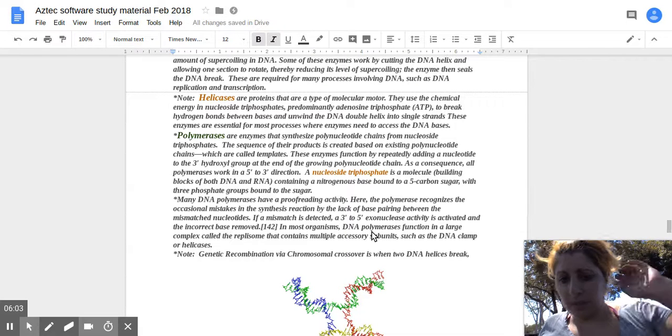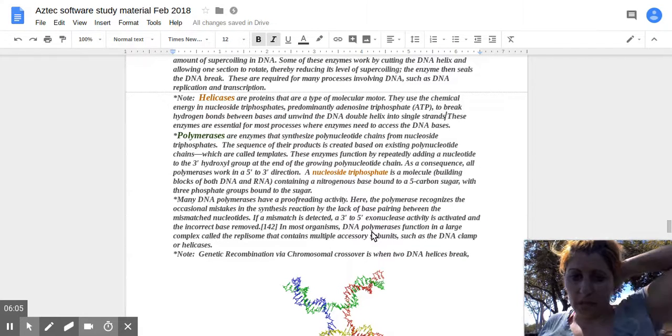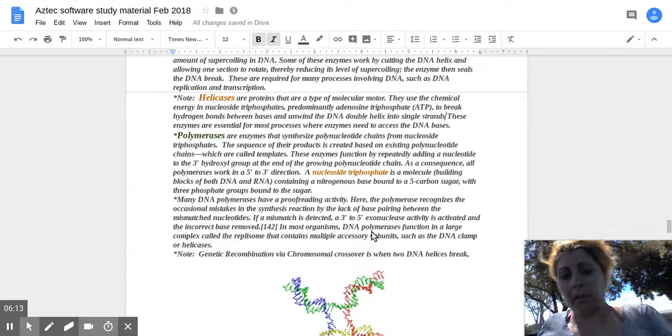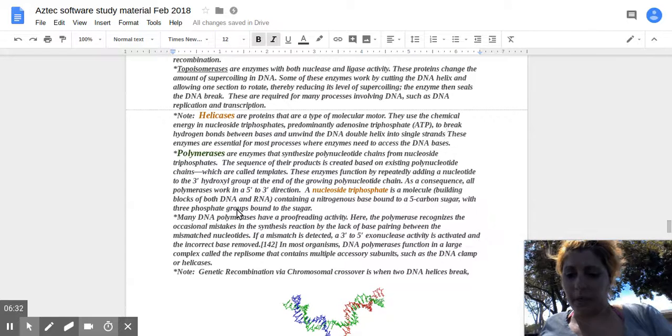A nucleoside triphosphate is a molecule, a building block of both DNA and RNA, containing a nitrogenous base bound to a 5-carbon sugar with three phosphate groups bound to the sugar. These three phosphate groups are cleaved when you need to transcribe the molecule.